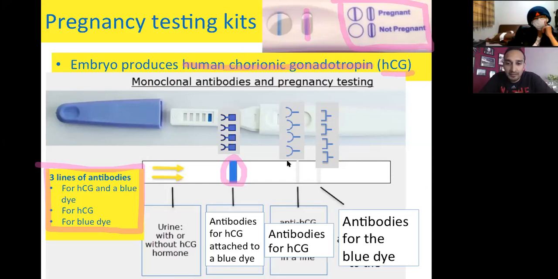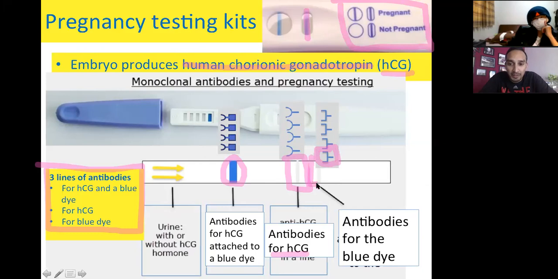Further down the line, you have this strip, and at first this would be white. It doesn't show up, there's no color to it. This is just antibodies for HCG, so what can attach to this? HCG, the same as this one. Now, the last line is antibodies for blue dye.